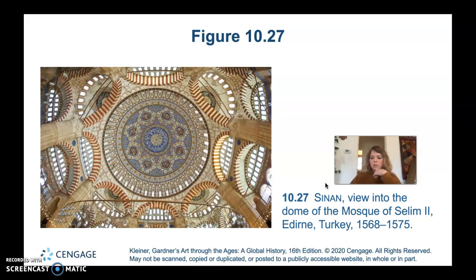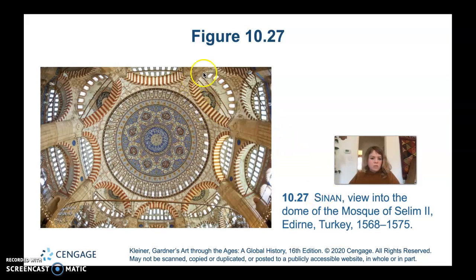And most architectural historians regard the Mosque of Selim II as the climax of Ottoman architecture. Sinan actually built this mosque when he was almost 80 years old. And in it, he sought to surpass the greatest achievements of the Byzantine architects, and Sinan actually considered this to be his masterpiece.